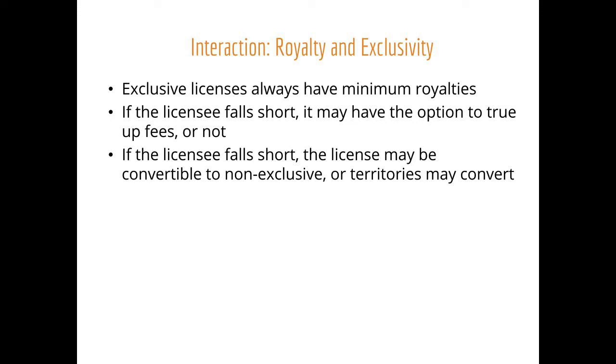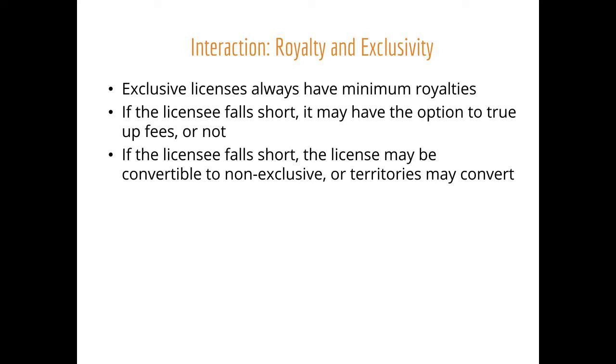Now, if a licensee doesn't sell enough materials or products to justify the minimum royalties, a few different things can happen. For instance, if they fall short, they might have the option to true up or pay the difference between what they've paid so far and the minimum royalty in order to continue their exclusive rights.